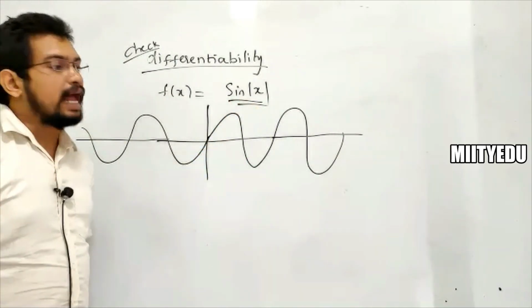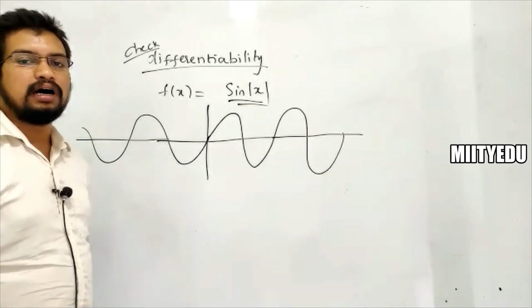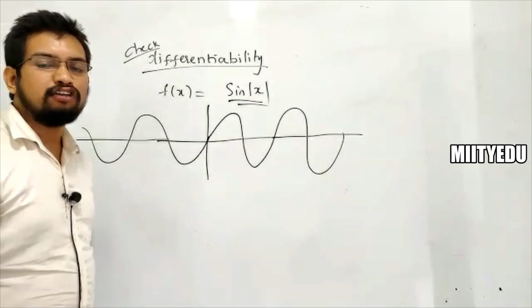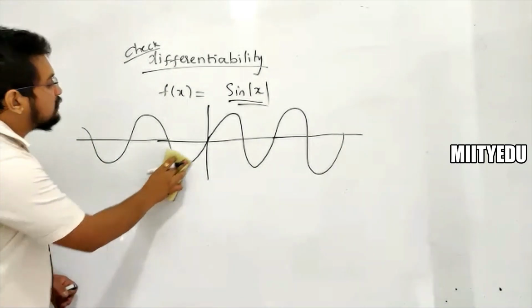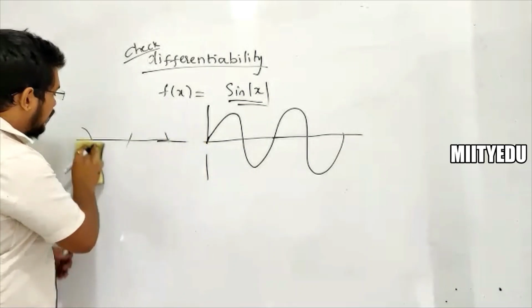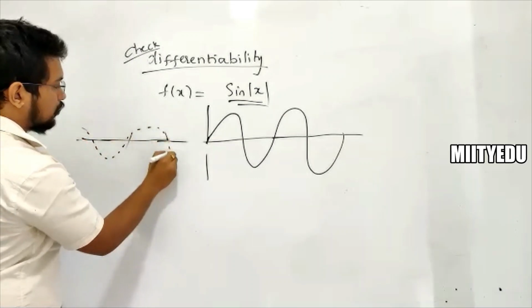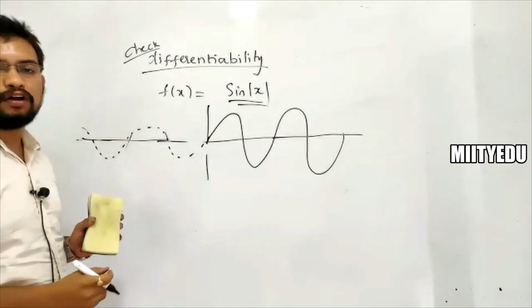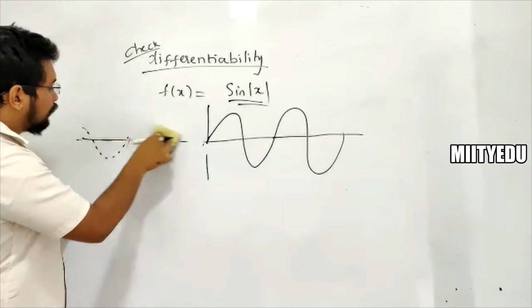How do you get the graph of sin of mod x from the graph of y is equal to sin x? It's very simple. You erase the graph which is present on the negative side of the x-axis.